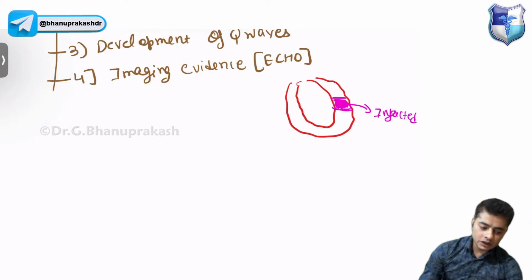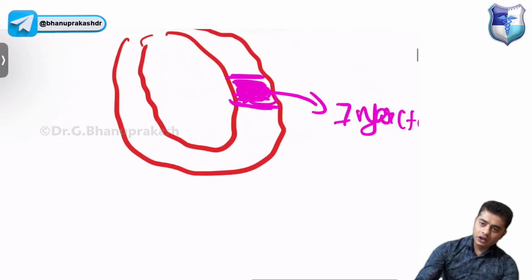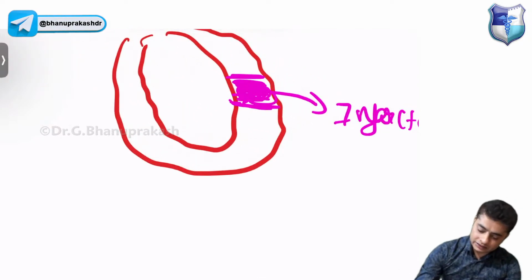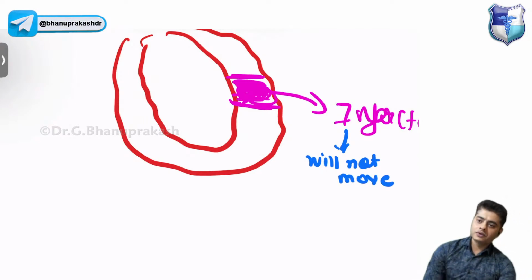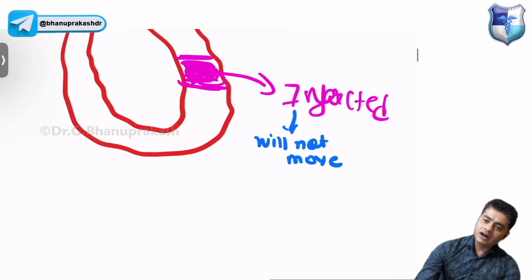Now, when this portion of the heart is infarcted and your heart contracts, this infarcted part will not move. When the infarcted part does not move, other parts will move.